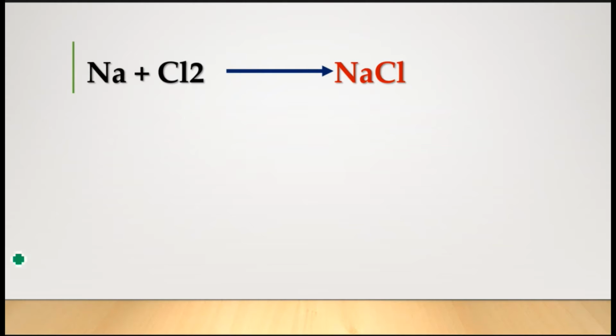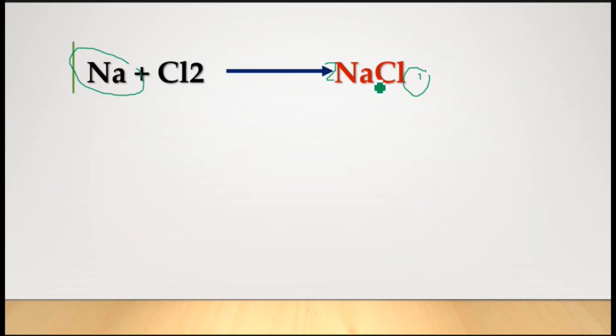So this is one more example of balancing equation, and the last one, NaCl2. Here Na, sodium, is 1, here also 1, and chlorine is 2, here also 2, here not 2 but 1, so we need to balance it. We have to multiply it with 2.